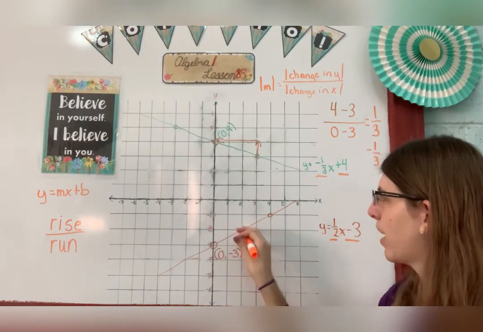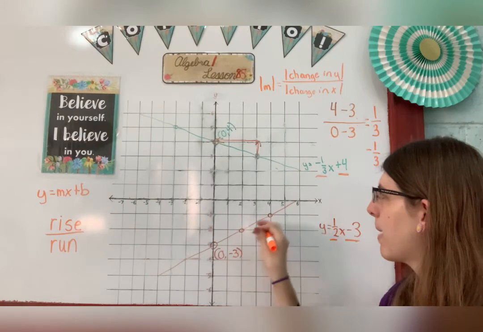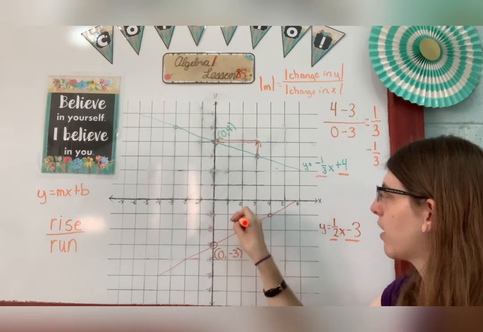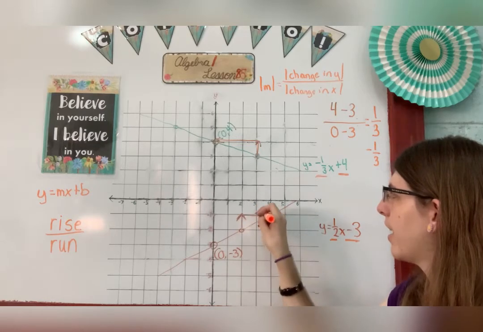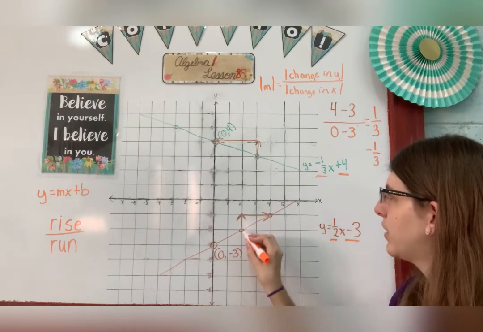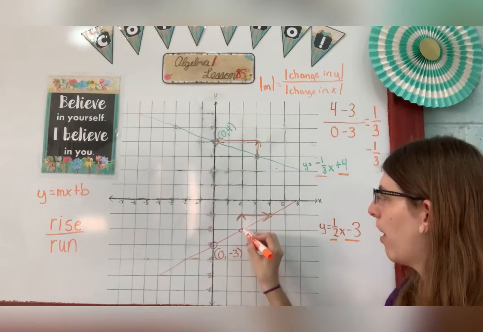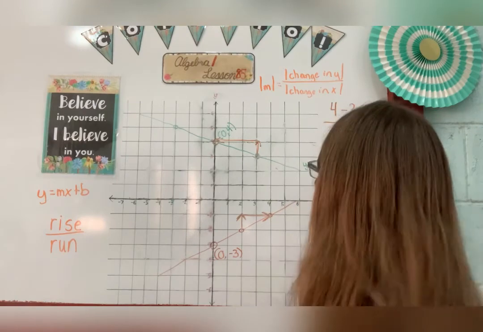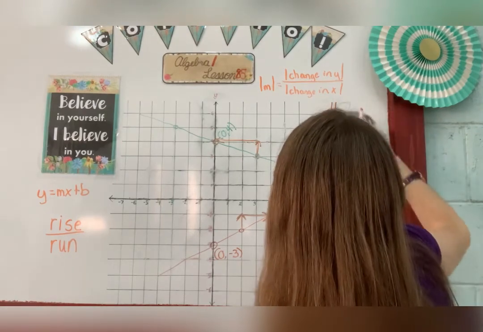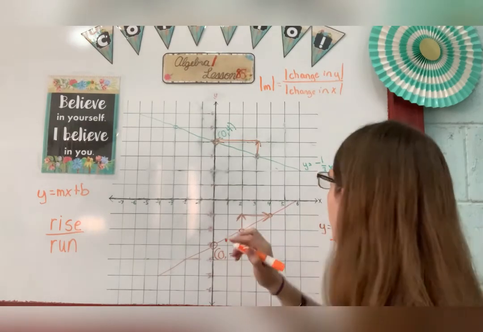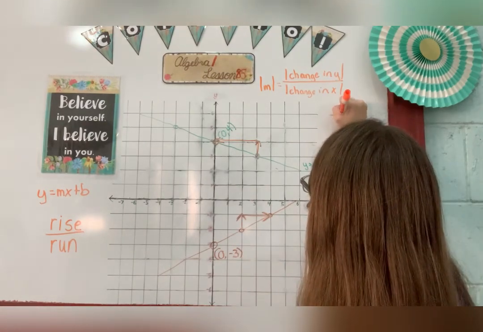So let's look at this one. Let's say I wanted to know my slope for this one. I have my rise, how far up I go, over my run, how far over I go. So my rise from one point to the next. Let me do it this way. My first point is at negative 2 for y, so I have negative 2.